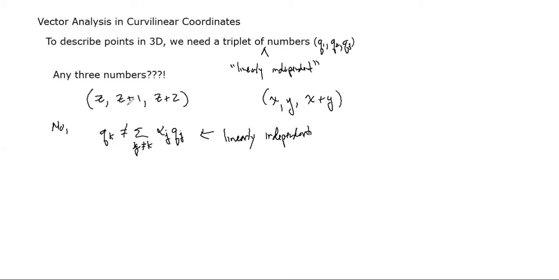So clearly z is not linearly independent from z plus 1 or z plus 2, and clearly x plus y is not linearly independent from x and y, because we can make those other things out of the originals. We're going to go farther than that, and we're going to use not just linearly independent coordinates, but also orthogonal coordinate systems in this class exclusively.